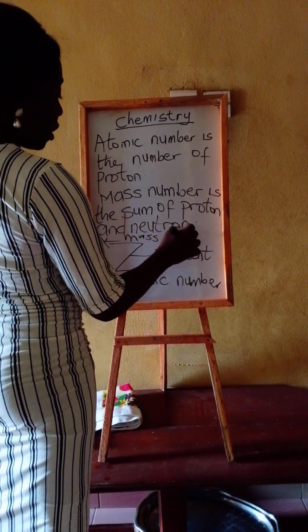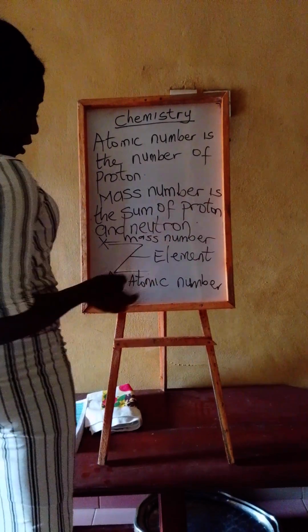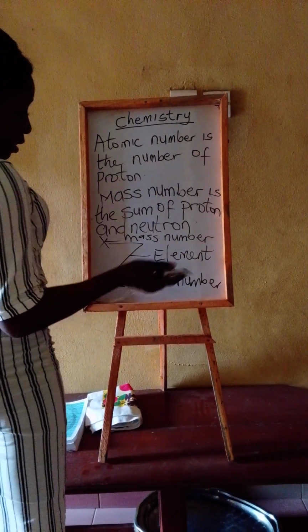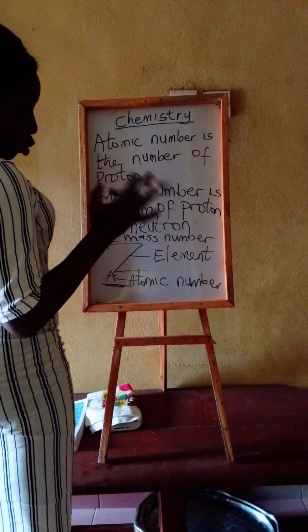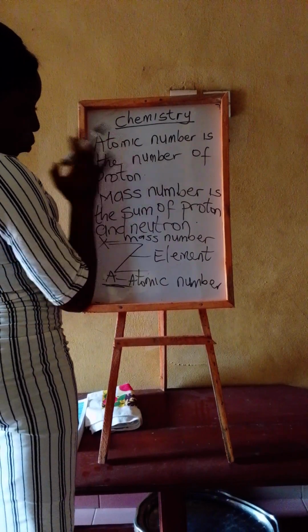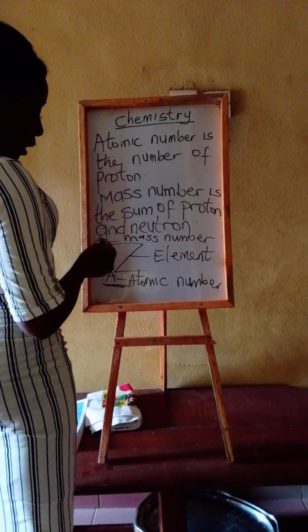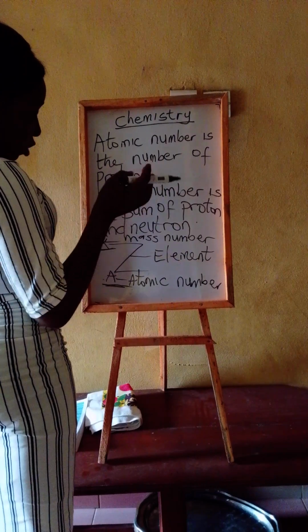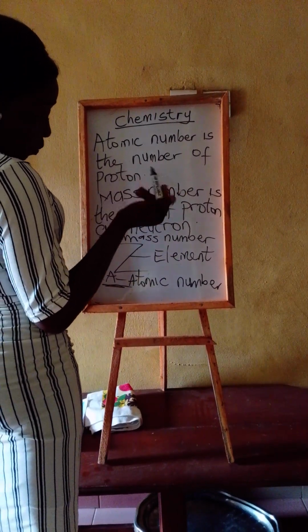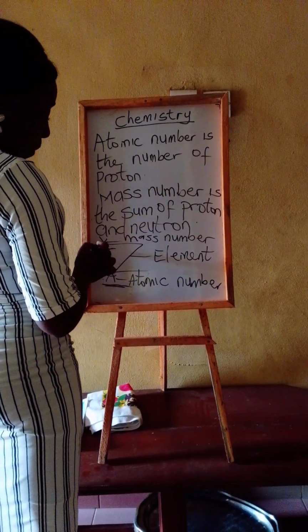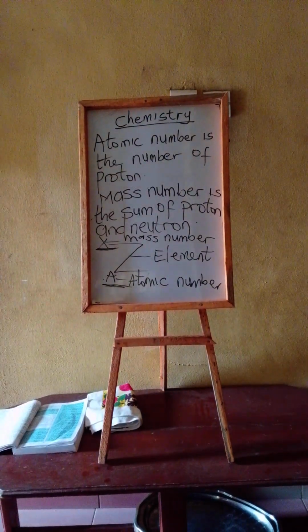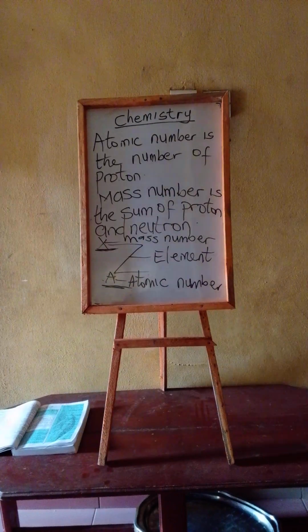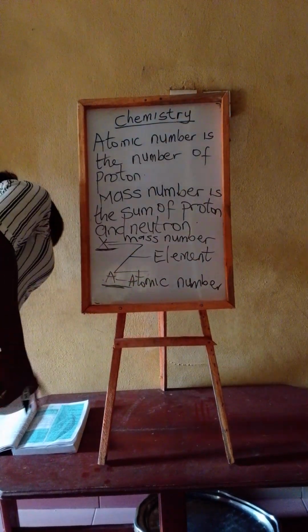So whenever you have something like this, the lowercase is the atomic number, which is the number of proton only. Then the uppercase, which is the superscript, is the mass number. So we'll look at some examples.